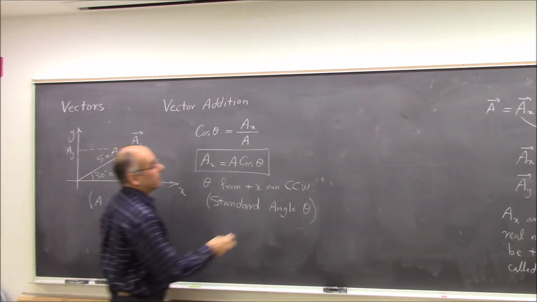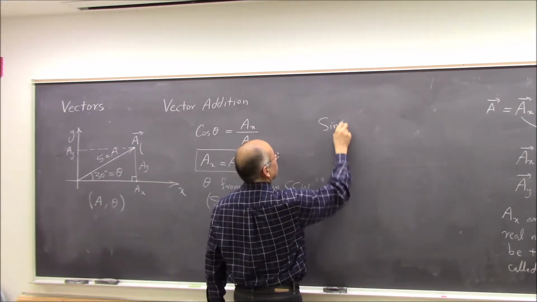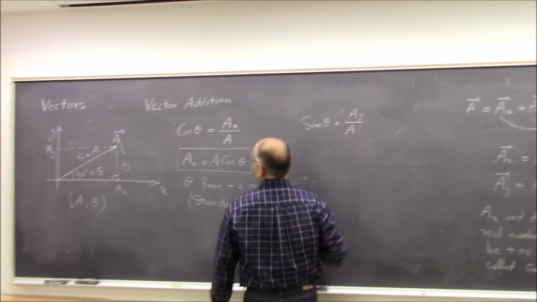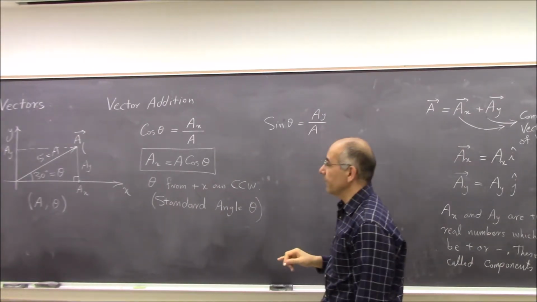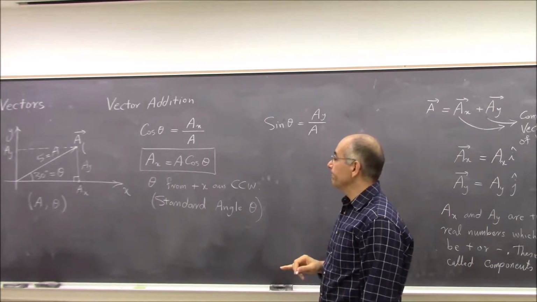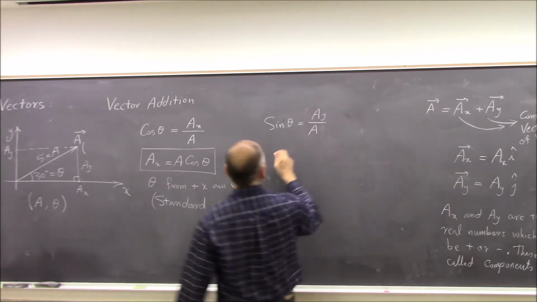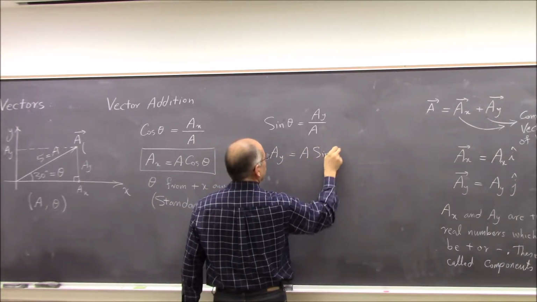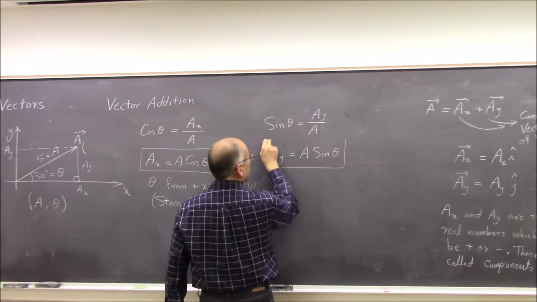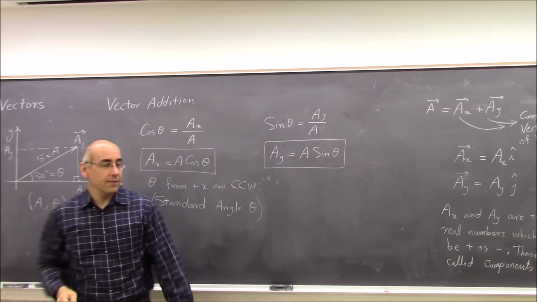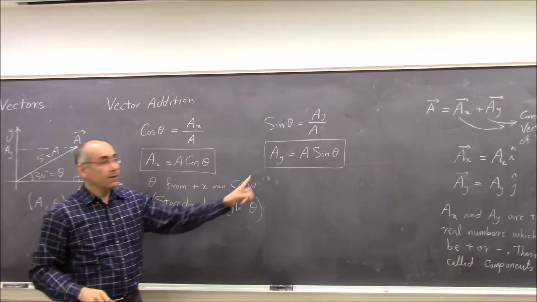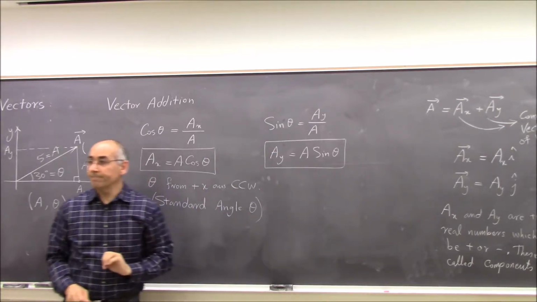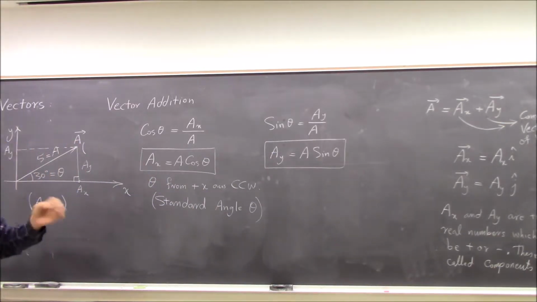And you have sine theta equals AY, opposite over hypotenuse A, in that right triangle, and therefore AY is A sine theta. And this is also, as long as theta is standard, always gives you the AY with its sign, positive or negative.